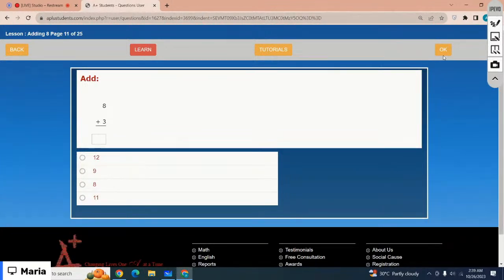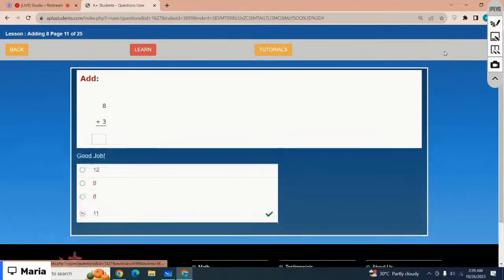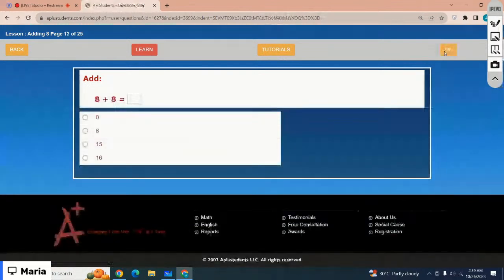Okay, the next one is 8 plus 3. So which is the correct option? Yes, the correct option is 11. 8 plus 3 equals 11. 8 plus 8, which is the correct option?